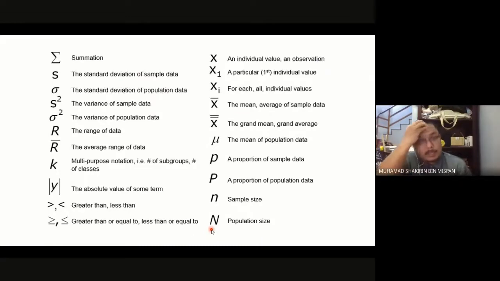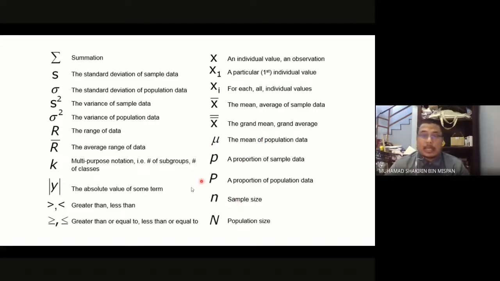Some other notations that are also used a lot in statistics are the summation, standard deviation for sample and for population, variance, and the mean, the mean of the population, and the proportion and sample size.